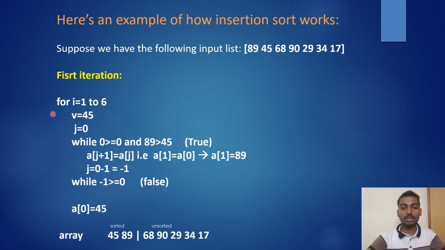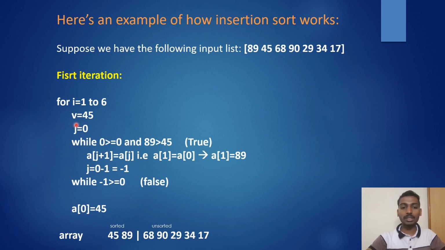Next, move on to the algorithm. For i equal to 1 to 6, where we have 7 elements, we divide the array into two parts, a sorted array and an unsorted array. Here 89 is the sorted array and the rest is unsorted.